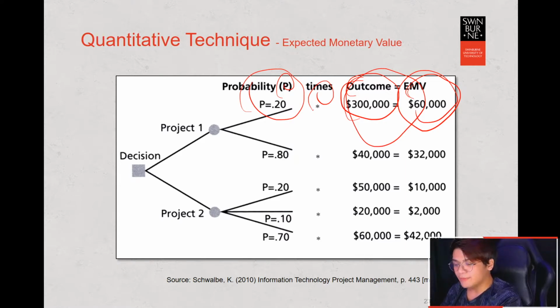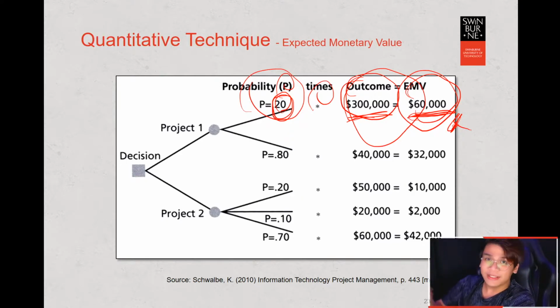For example, here we have a 20% chance of it happening, maybe because of a fire in the building, and it will cost us $300,000. So our expected monetary value of that risk is $60,000. So we can spend maybe half of this to mitigate the risk. Who knows, it depends on your strategy in your business.